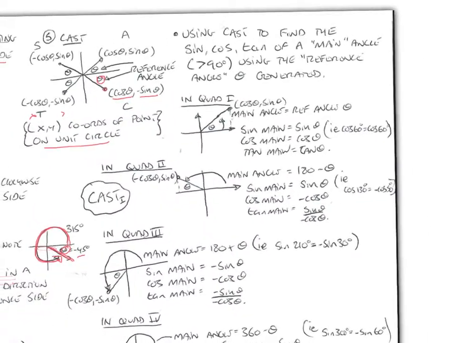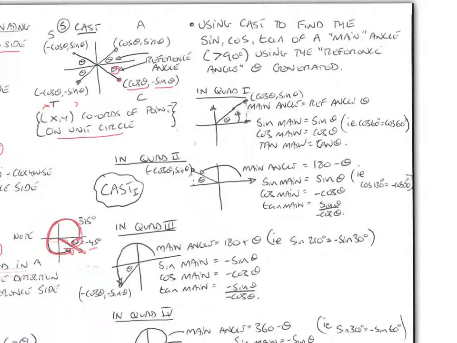So let's use the CAST rule to find the sine, cos and tan of a main angle, with respect to the reference angle theta.